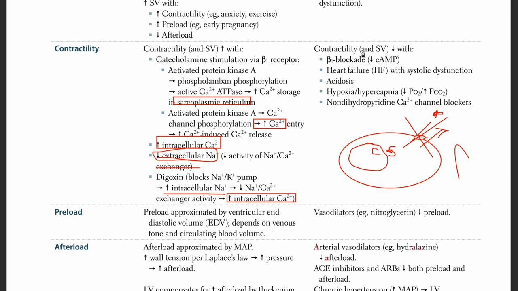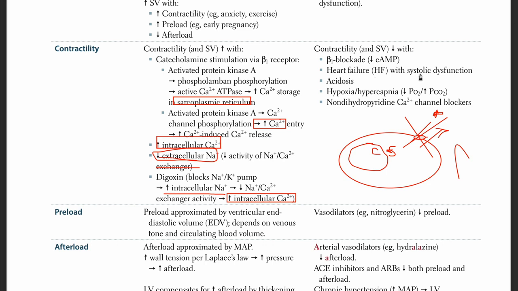Then you have contractility and stroke volume decrease with these. These are the ones that decrease the stroke volume. So you have beta 1 blockade. Beta 1 is responsible for increasing heart rate, increasing contractility, increase in renin, and there was a third thing I don't remember. So if you block that, heart rate will go down, contractility will go down, so stroke volume goes down.